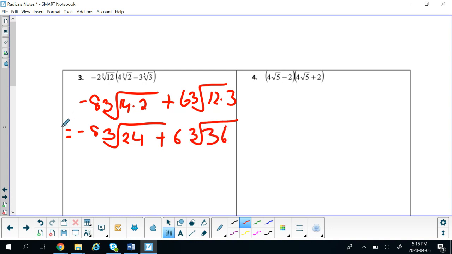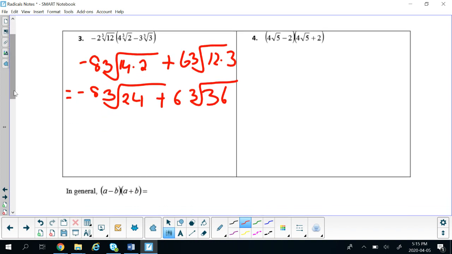Okay. And cube root of 24, we have to simplify the cube root of 24. And we know that cube root of 24 can be written as a product of a perfect square and some other number. So 24 can be written as, oh, not a perfect square, sorry, here, because our index is 3. So we have to break 24 in terms of a cube, a perfect cube, and some other number.